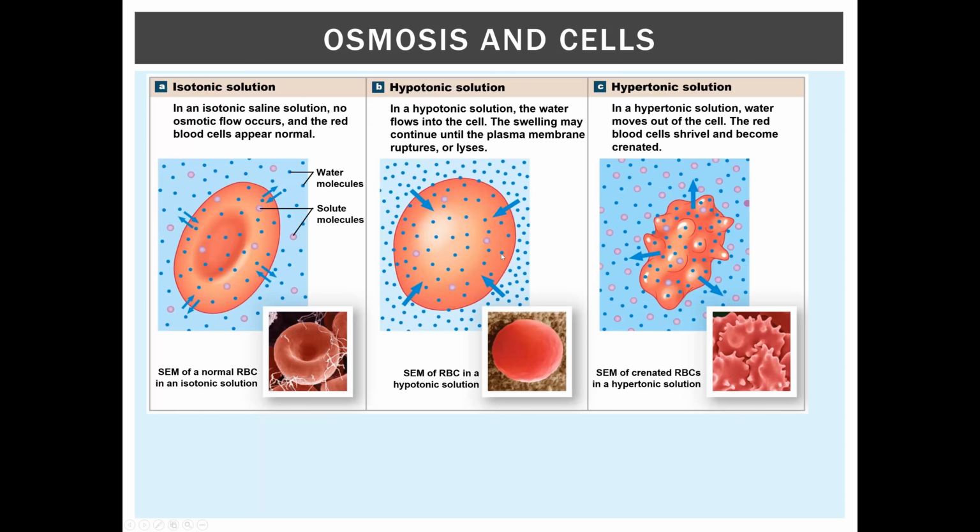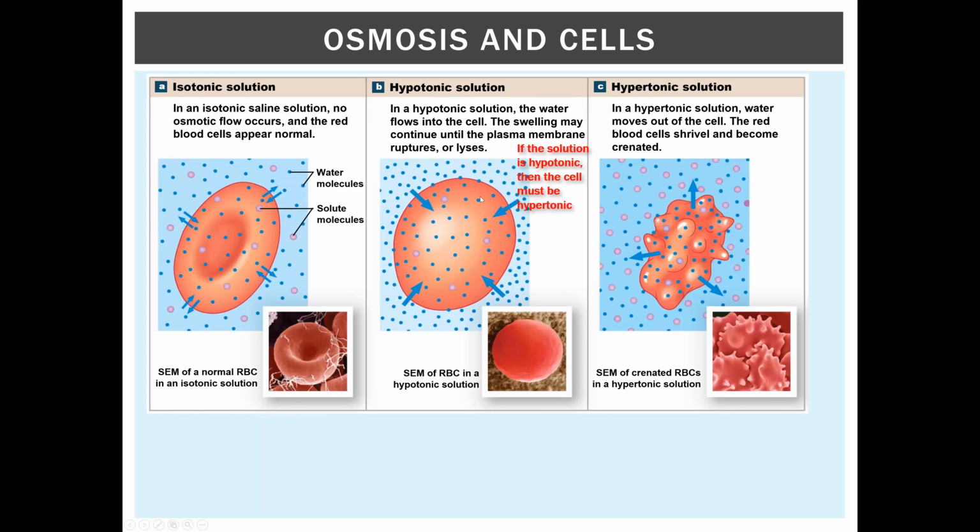If you stick a red blood cell into a hypotonic solution, again, remember, if I'm saying that the solution is hypotonic, then by default, that means the cell is hypertonic by comparison. Because you can't just have something hypotonic without something also being hypertonic. Because if you're saying one has less solute than another, then the other thing has to have more solute.